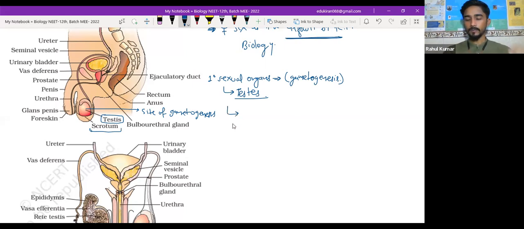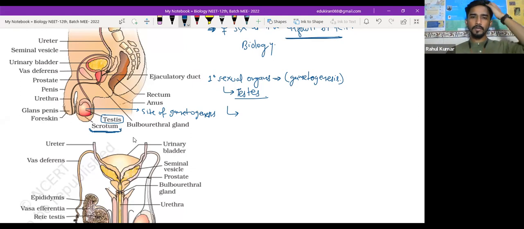So write down this one point. The primary sexual organs or testes are formed during embryogenesis in the abdominal cavity, and descend down into the scrotum at the time of birth.